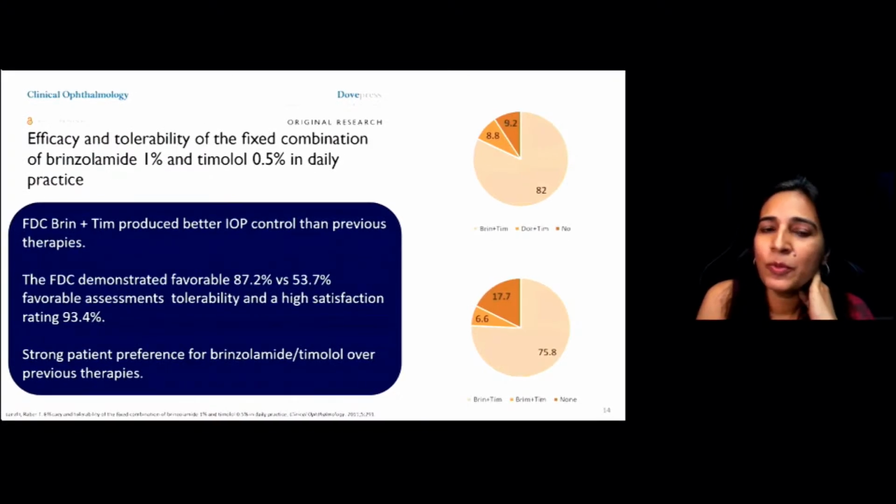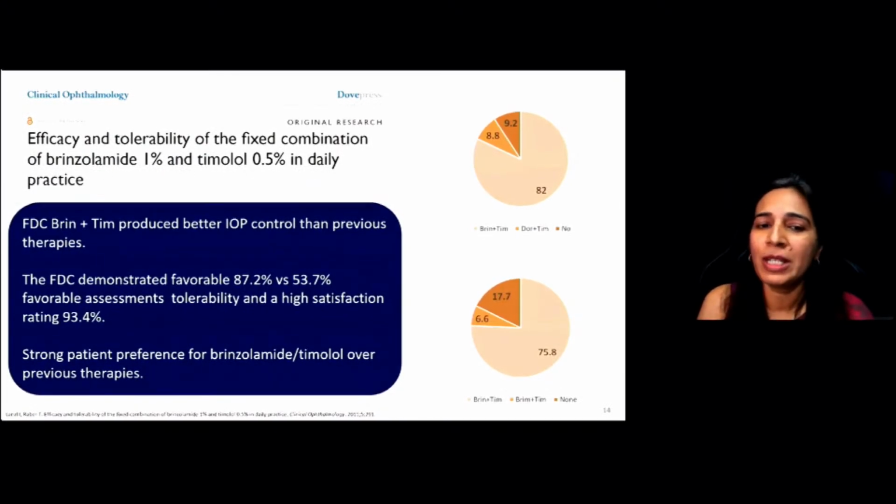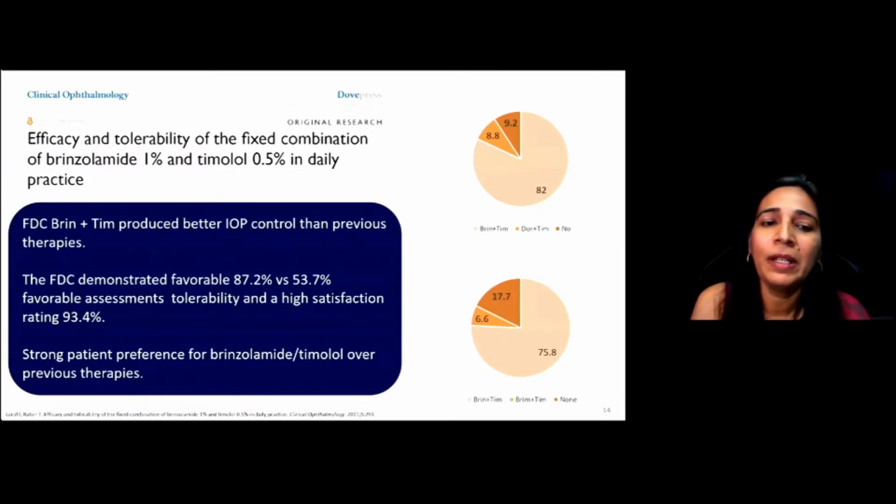A strong patient preference for brinzolamide timolol was noted over previous therapies. 82% preferred the brinzolamide timolol combination as compared to dorzolamide timolol, and 76% preferred BTFC when compared to brimonidine and timolol. A word of caution when interpreting these numbers: all of these patients were retrospectively analyzed and they had been shifted to another combination, basically because they had been unhappy with what they were initially.